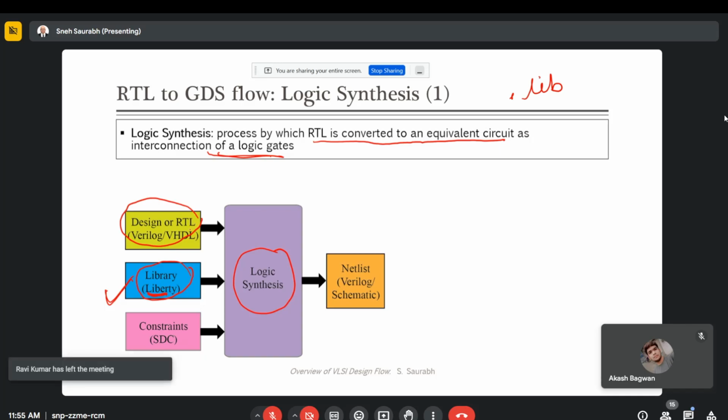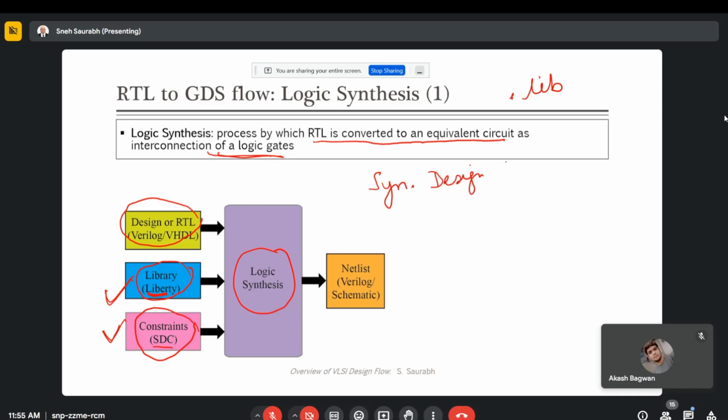So you give that Verilog file, the .lib file, and the third requirement is the constraint file, right? So constraint is written in a format which is known as SDC. SDC stands for Synopsys Design Constraints. So we have this Synopsys design constraints file, or SDC file, in which the constraints of our design are specified.